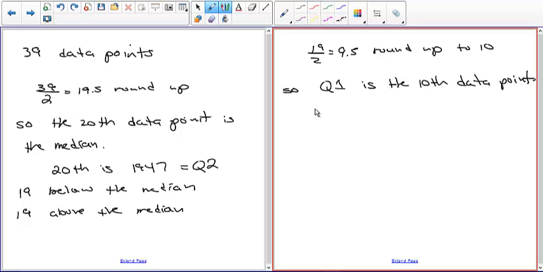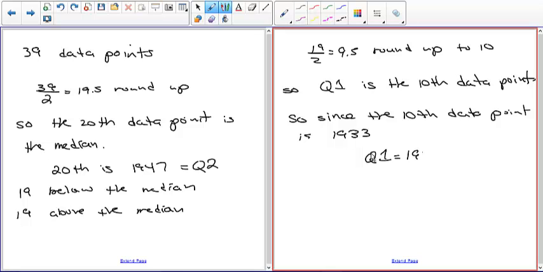Since the 10th data point is 1933, Q1 equals 1933.